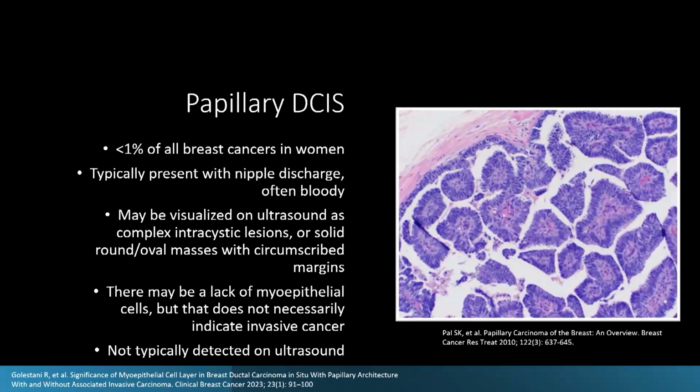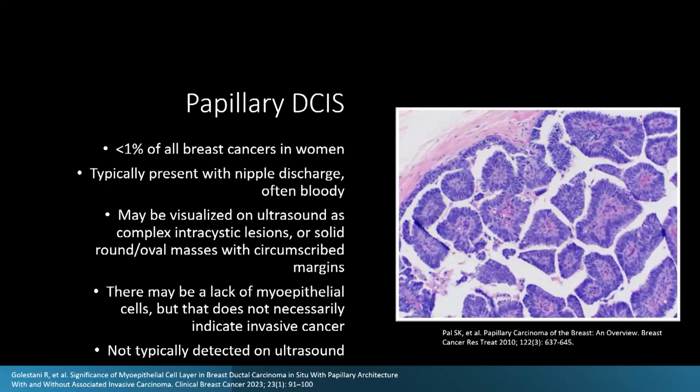Typically, you may see nipple discharge, often bloody. On ultrasound, it may be a complex intracystic lesion, a solid, round or oval mass that has circumscribed margins. There may be no myoepithelial cells. Having a lack of a myoepithelial layer does not necessarily indicate invasive cancer. Typically, you don't see papillary DCIS on ultrasound.